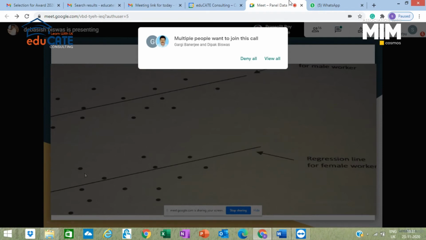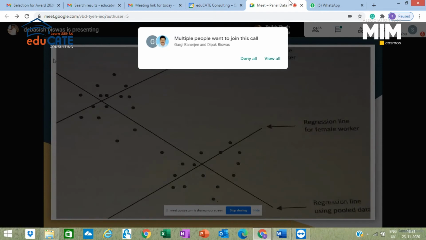That means if educational level increases, then the earnings will also increase. But what is happening here? When you are drawing this regression line, your slope is becoming completely negative. From positive to negative.